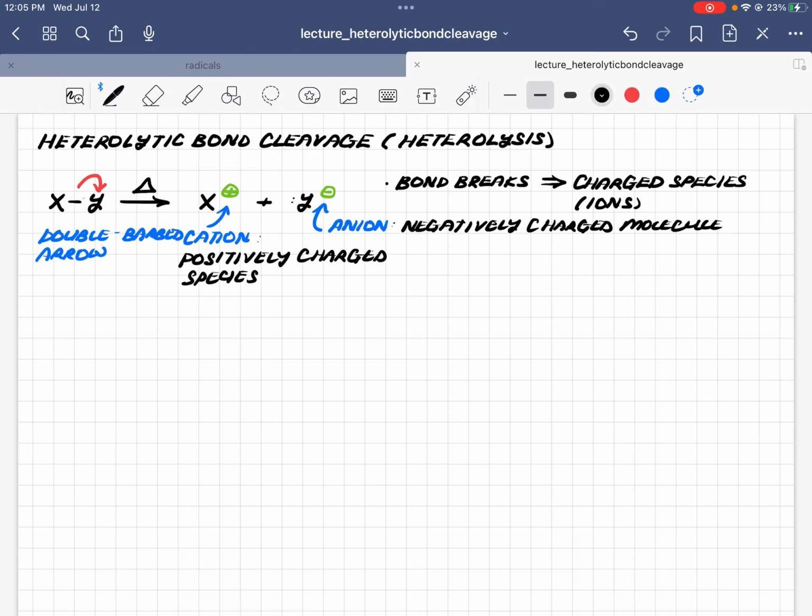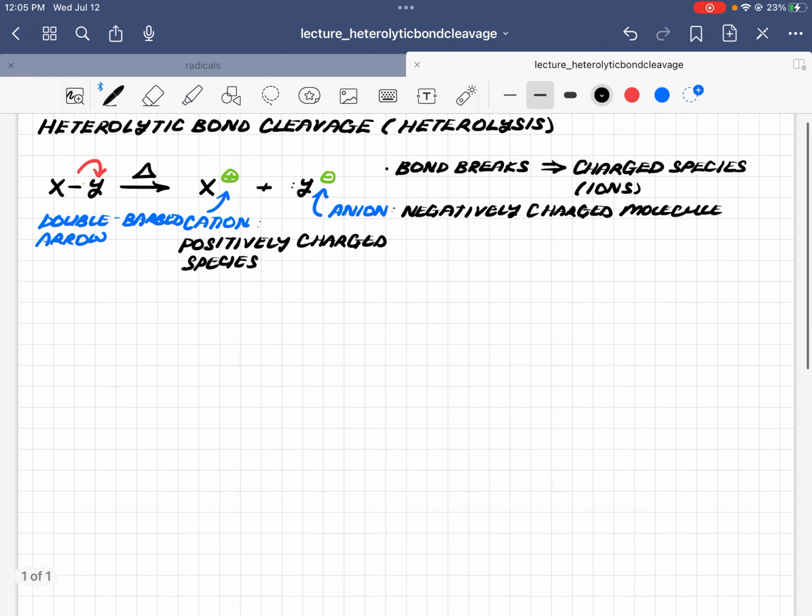And the double barbed arrow is just symbolizing the movement of two bonding electrons to form the anion and the cation, respectively. So heterolytic bond cleavage results in the formation of charged species, and it typically occurs in polar covalent bonds.